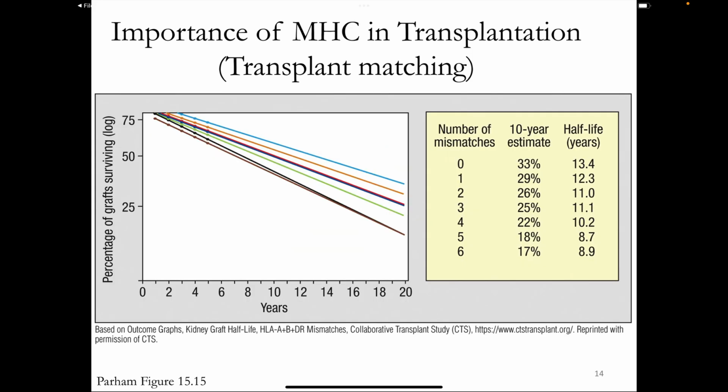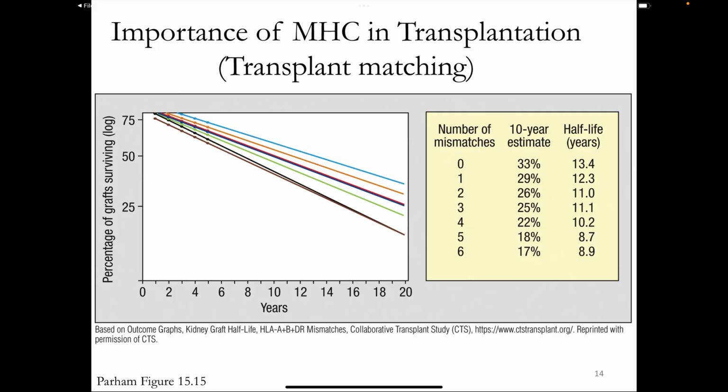And so one of the answers to Jazz's question is that what we usually try to do with a transplant is we try to match as many MHC molecules as possible. And so this is looking at matching of MHC class 1 between a transplant donor and a transplant recipient.